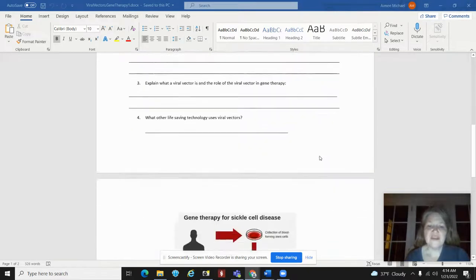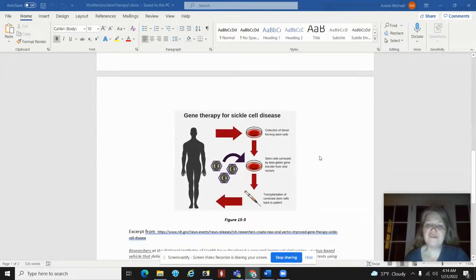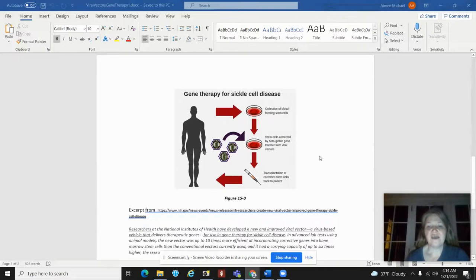Okay. And here we have a diagram using stem cells as well as a viral vector to deliver the correction for the gene. Now, this diagram is showing us a picture of how this occurs in somebody who has sickle cell disease or sickle cell anemia.